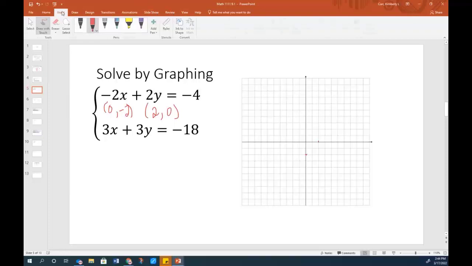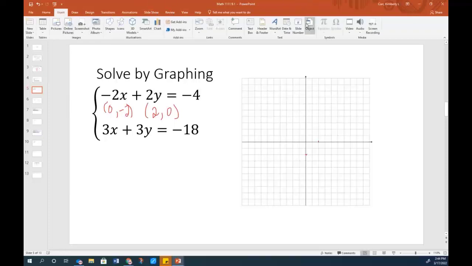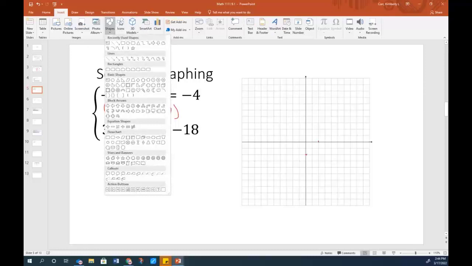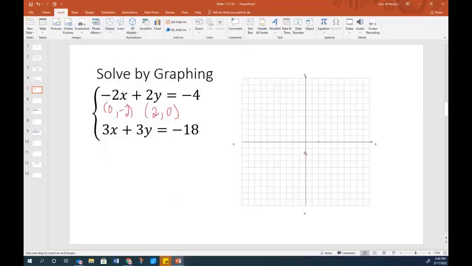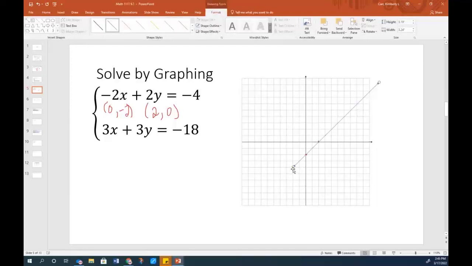So really what I'm going to have to do for this to be online is insert a shape, and we will choose a shape that is a double-arrowed straight line, and we're going to try to shoot it through both those points and then possibly make it longer. Okay, and I wish I had done it in red. There you go. So that one's in red.